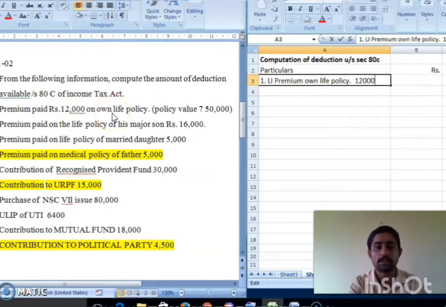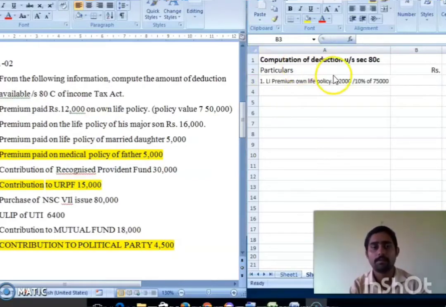That is 12,000. I have to consider 12,000 or 10% of 7,50,000.